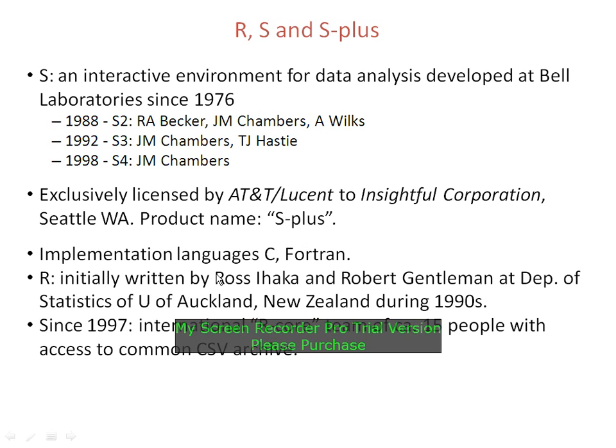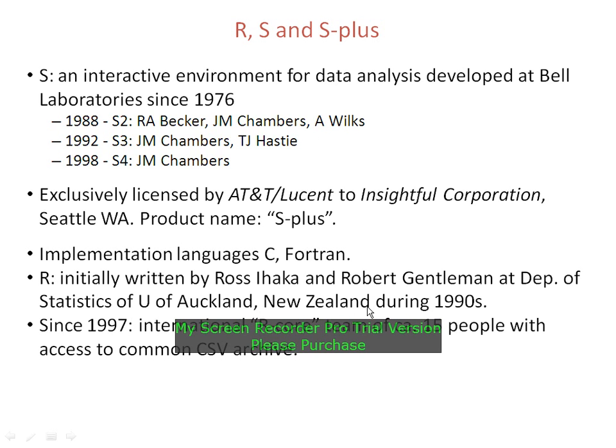But R itself was initially written by Ross Ihaka and Robert Gentleman at the Department of Statistics of the University of Auckland, New Zealand during the 1990s, using S as the origin.